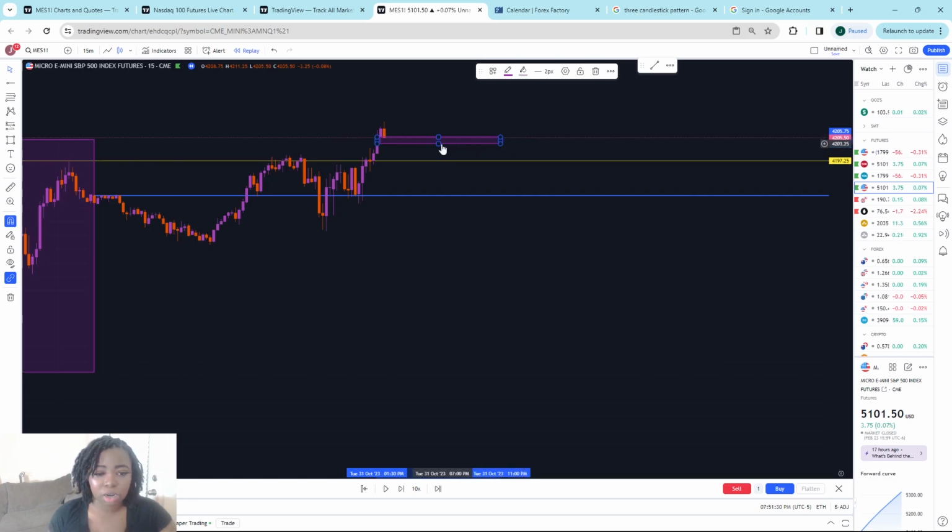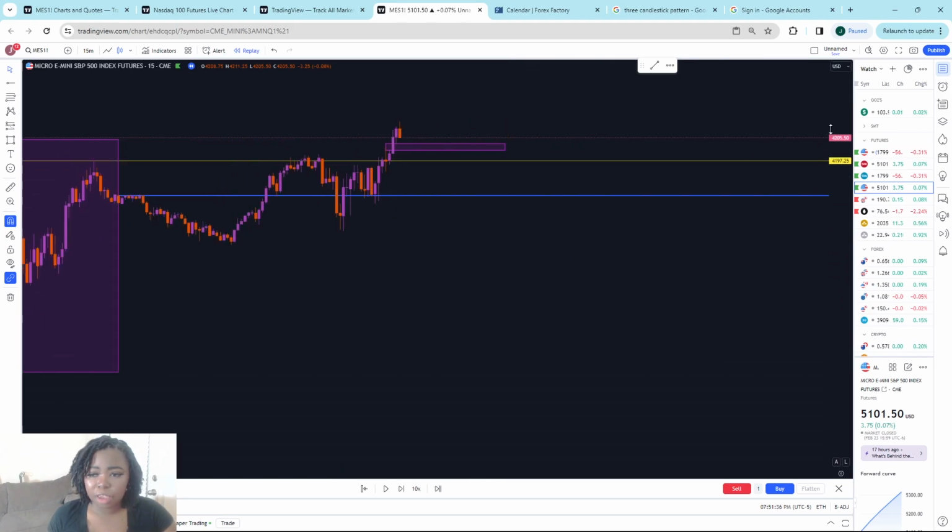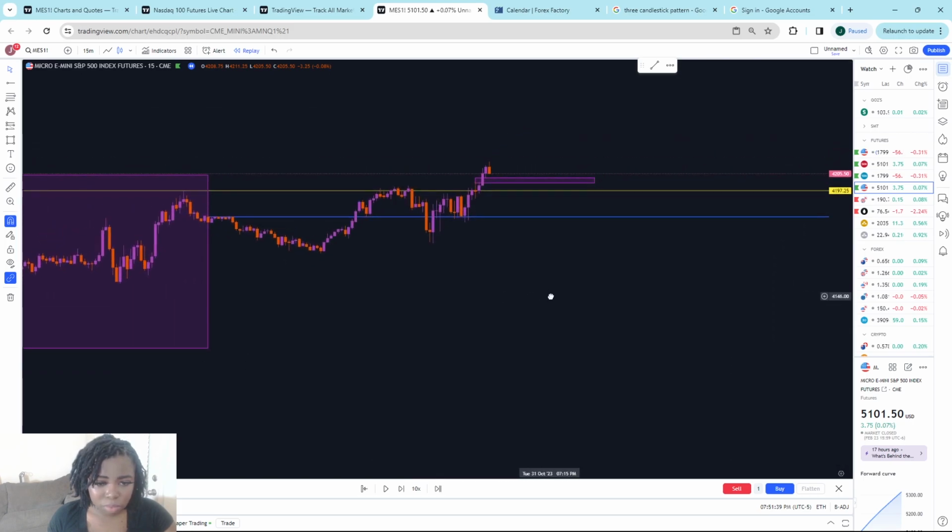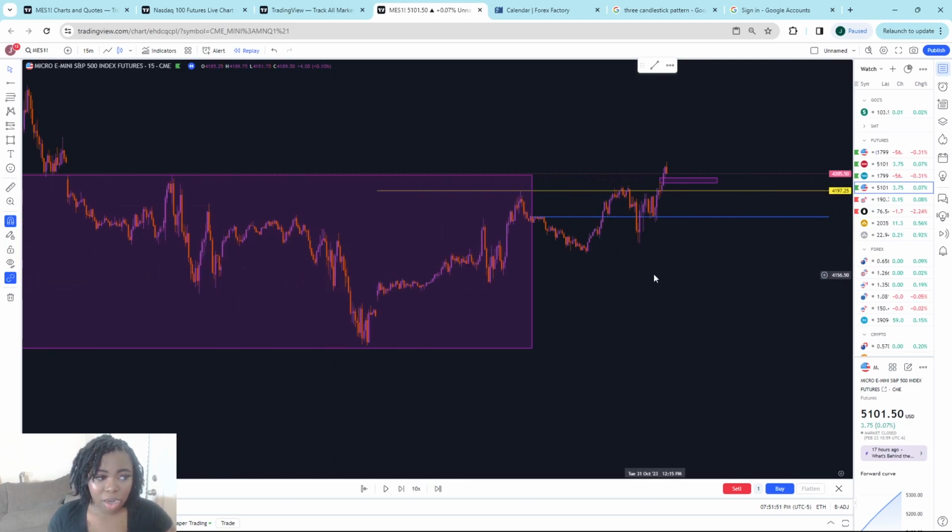But again, price could always do whatever it wants to do. So if price revisits this gap, then that's great for me, and I will want to get in. But again, I would still want to be cautious here, because price could just potentially take off and go without me.